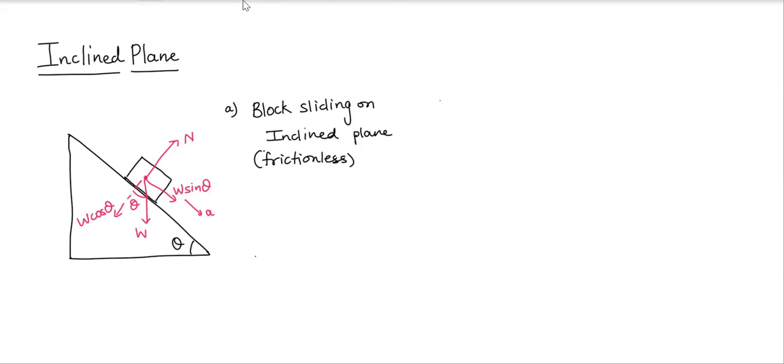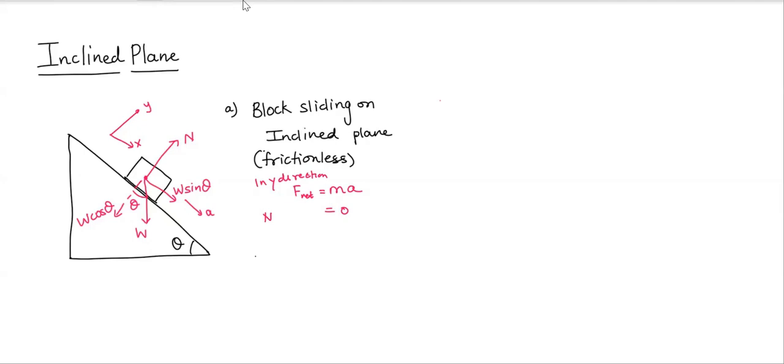So you can see that in the direction perpendicular to the plane, the forces are balanced. If I do net force equal to mass times acceleration in the y direction, and I'm considering this as my y direction and this as my x direction, then in the y direction the net force will be 0.